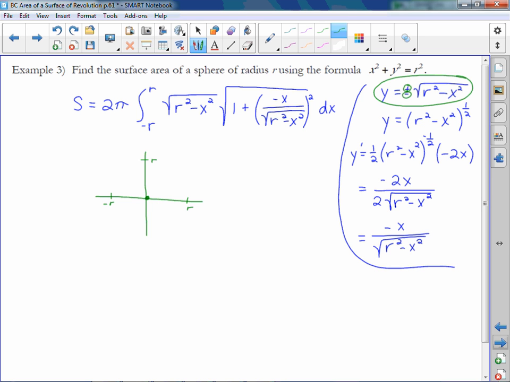This goes up to r, and it goes down to negative r. There's our circle. But we want to take just half of it and rotate it about the x-axis. So we integrate from negative r to r. Here's our function as our radius, and then the arc length. It's over there.